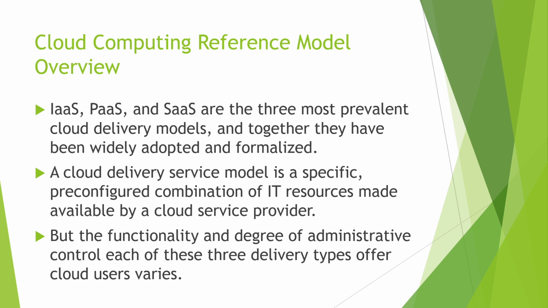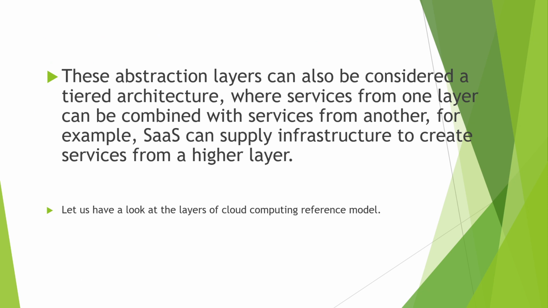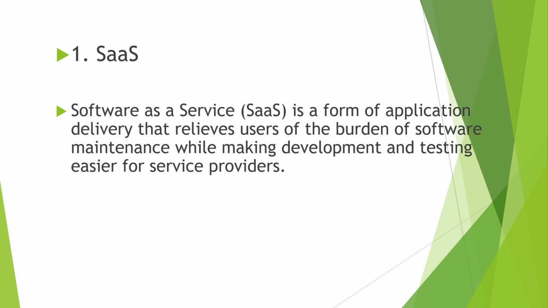A cloud delivery service model is a specific pre-configured combination of IT resources made available by a cloud service provider. But the functionality and degree of administrative control each of these three delivery types gives cloud users varies. These abstraction layers can also be considered a tiered architecture where services from one layer can be combined with services from another. For example, SaaS can supply infrastructure to create services from a higher layer.